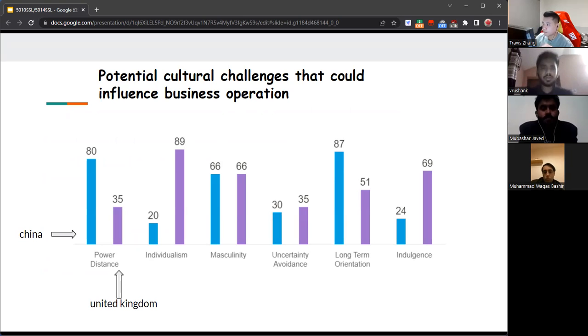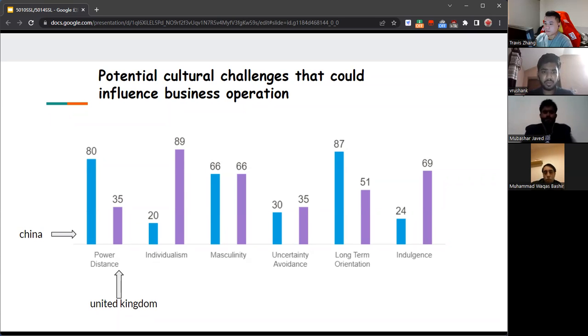So now we will discuss the potential cultural challenges that could influence the business operation. As we can see, the blue bar is China and the purple bar is the United Kingdom. We can see the differences between the markets created by the cultural dimensions.